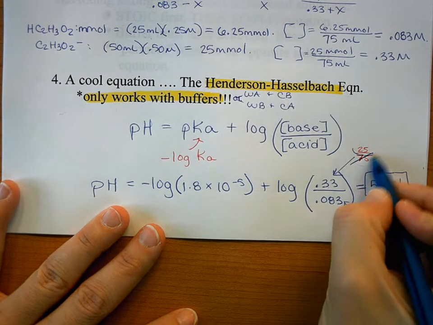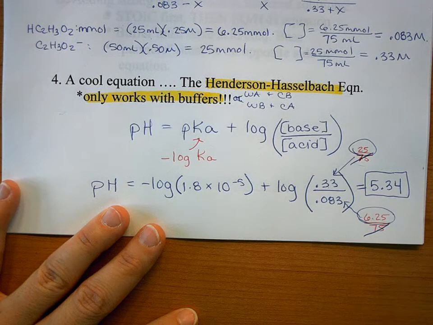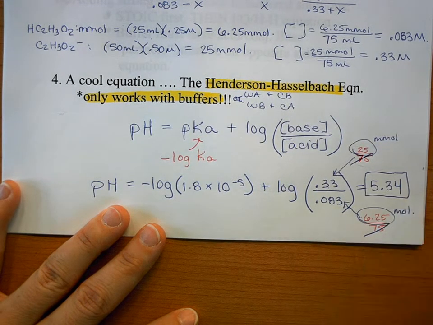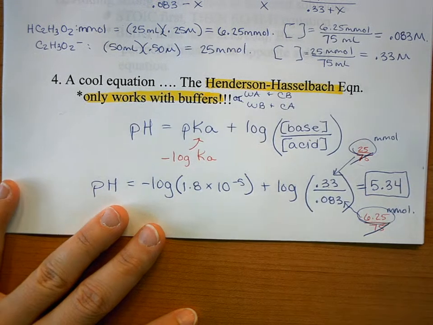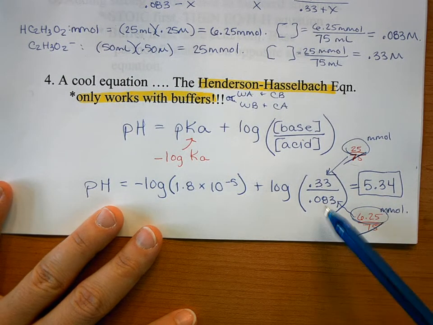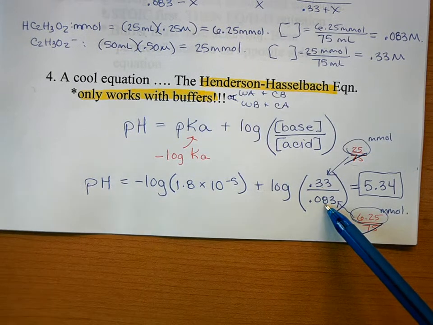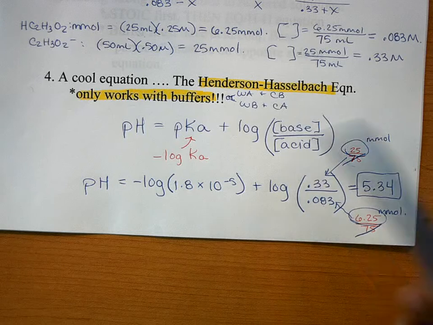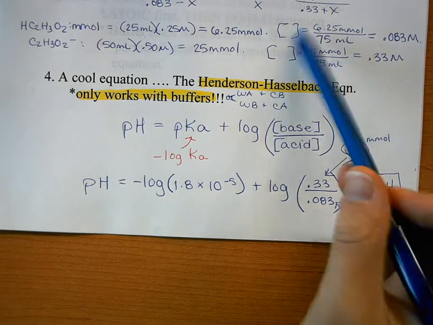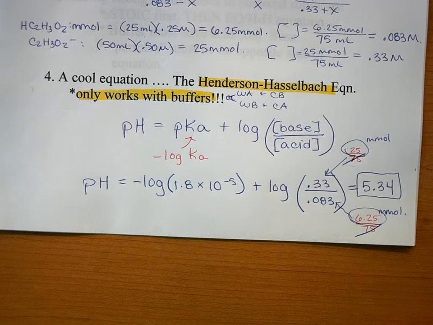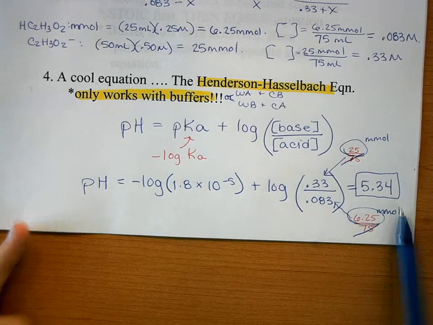So when you're using the Henderson-Hasselbalch equation, you can also plug in millimoles instead of concentration. If I did the log of 25 over 6.25, it would give me the same ratio. So you don't have to go through the whole process of solving for concentration. You can just solve for millimoles and plug those in. When you're dealing with buffers only, you can use this equation to solve for pH.